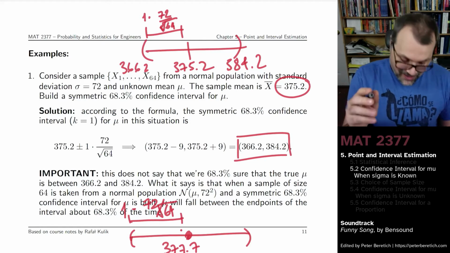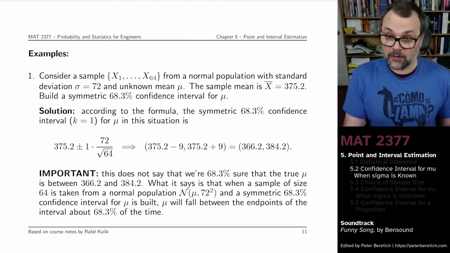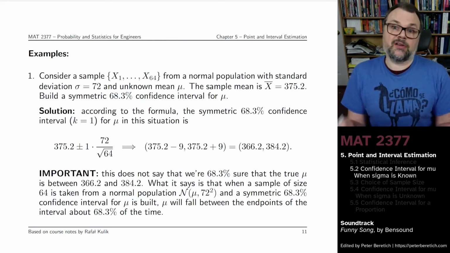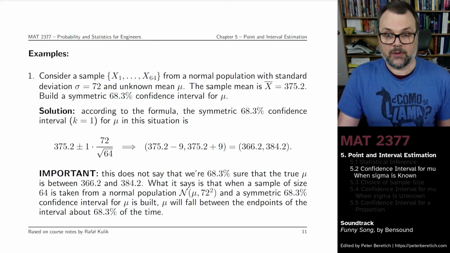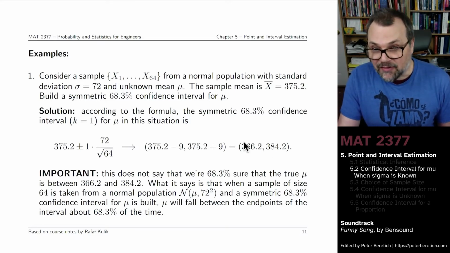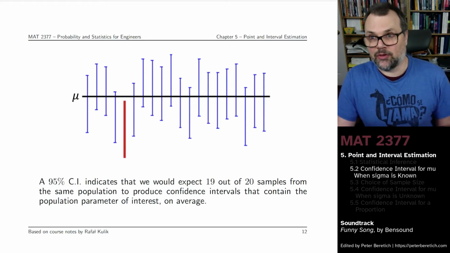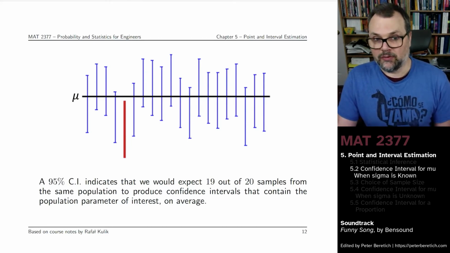So what we're saying is that this procedure to build a confidence interval will yield intervals in which the true mean will be found 68.3% of the time. So it's not this specific interval which we are 68.3% certain will contain the actual true value of the mean.